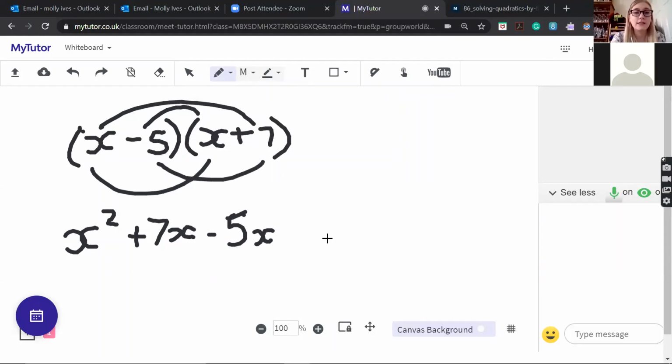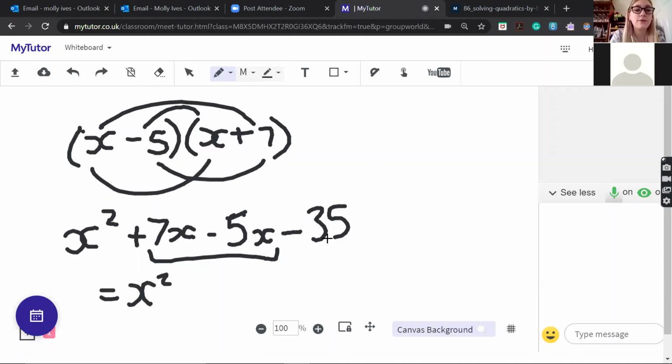And then finally last, minus 5 times plus 7. So that's minus 35. And again, we can combine the x's. You'll see this really common pattern. You're always going to have an x squared, 2x terms, and a constant. So sometimes, you know, if you do this a lot and get really good at this, then you can write this straight down without doing that step, because in your head you go plus 7x minus 5x. So there, all we've done is 7x minus 5x equals 2x.